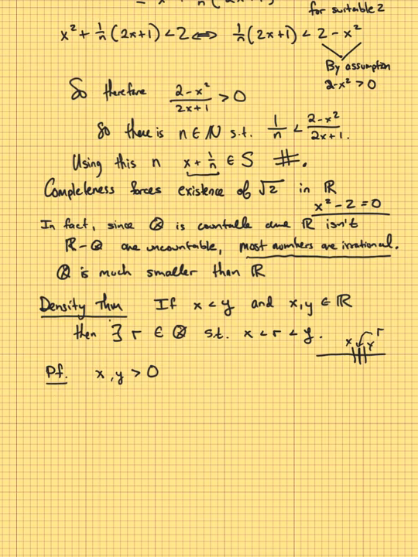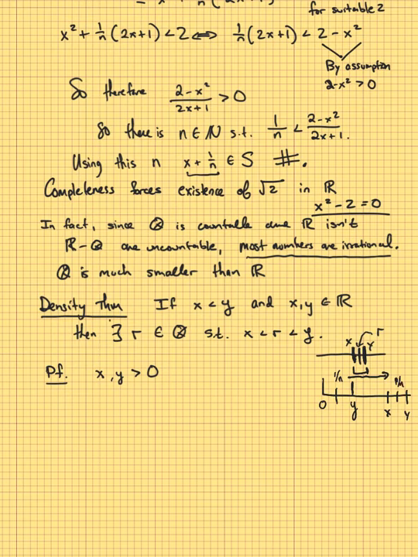We need to find a large denominator which can fit inside x and y. So if x was 0, for example, and this was y, well, we've already done this, right? We already found a 1 over n in between 0 and y. And then you have to find the right numerator which pushes you in between x and y.